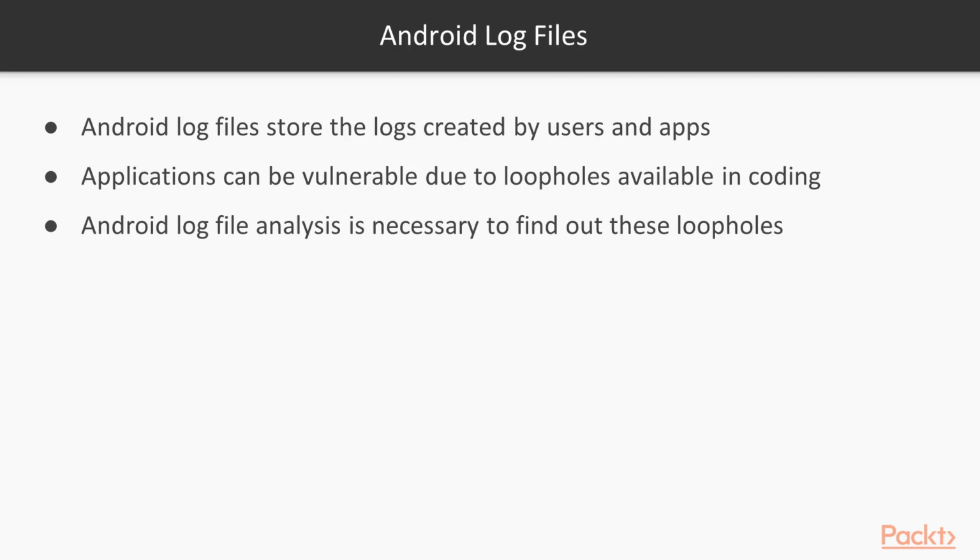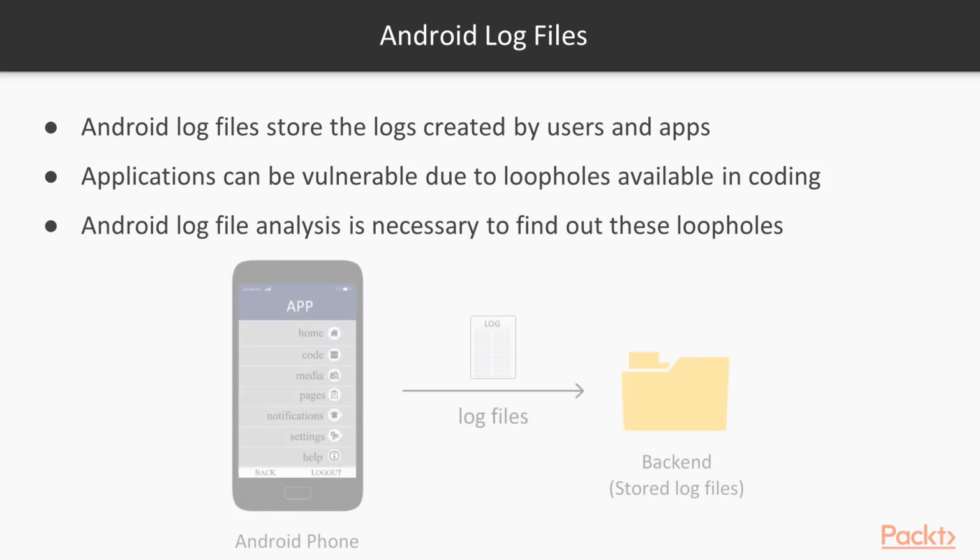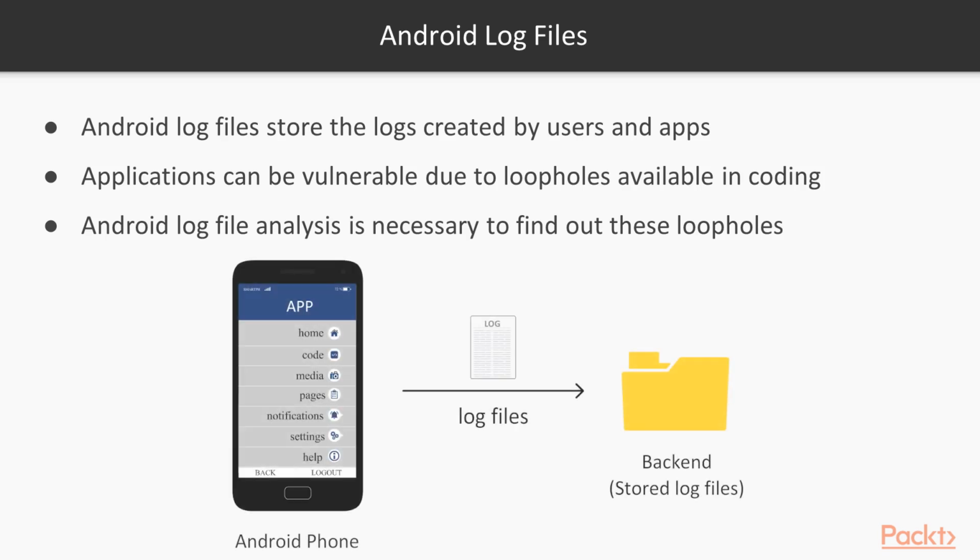So you can see in the first point that Android log files store the logs created by the users and apps. Actually, it's true. Let me give you an example of how it works. Basically, this is, for example, an Android mobile phone, and this is the backend. This is log files. So if a user opens whatever apps inside the Android mobile phone and does other work inside Android, it creates some logs and the logs are saved in the backend.